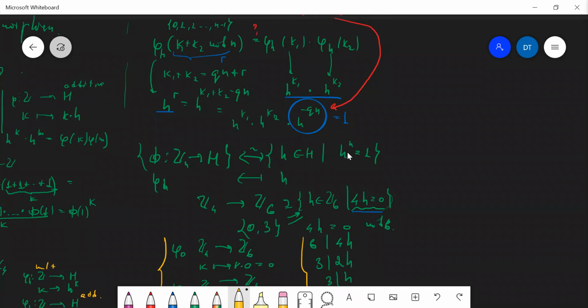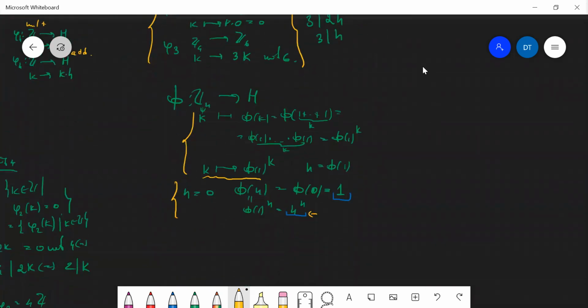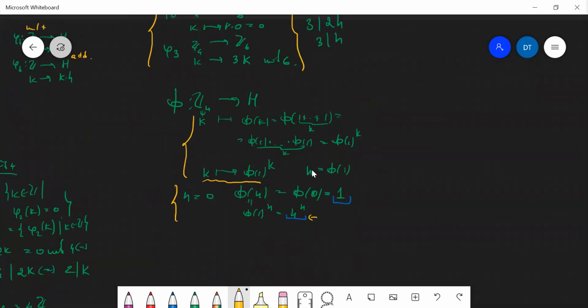I want this element h to be identity when raised to the power of n. So I want to prove that this h is not an arbitrary element, but if you raise this element to the power of n, which is the order of the group, you will get the neutral element in H. And this is how you do this.